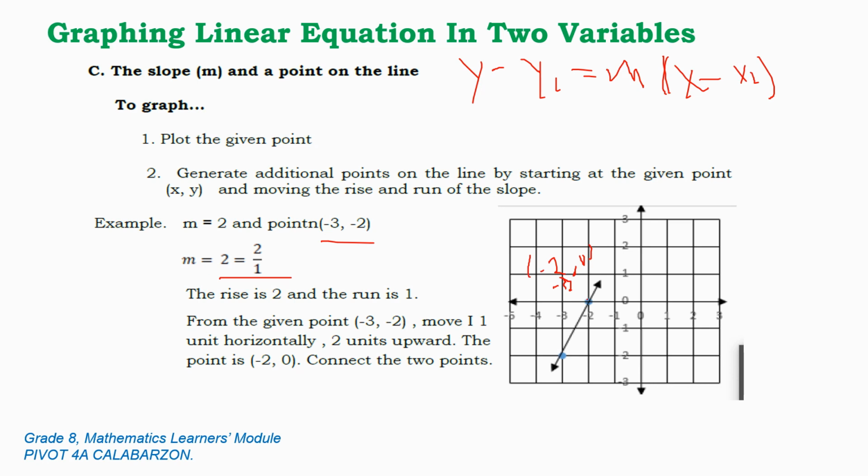Then, by finding the equation of the line using this formula, substitute the value of y sub 1. So y minus negative 2 equals the slope, which is 2, times x minus the x value.